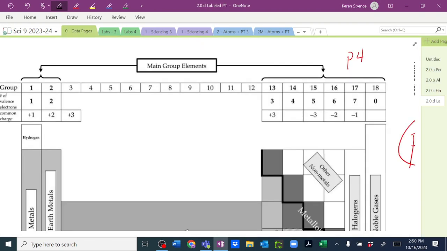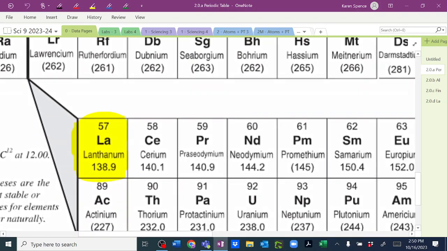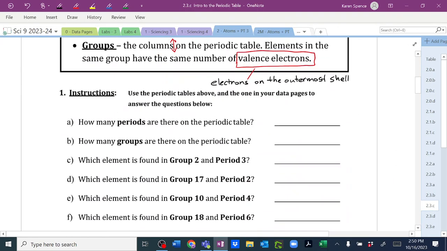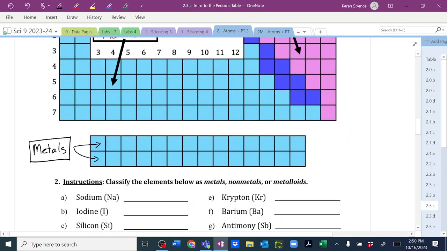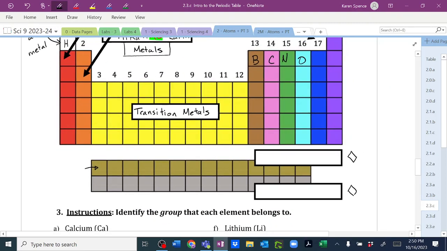Let's go look. Periodic table. What's the name? Lanthanum. Okay, I'm going to write that down back where we were. Okay, so this element right here is called lanthanum.